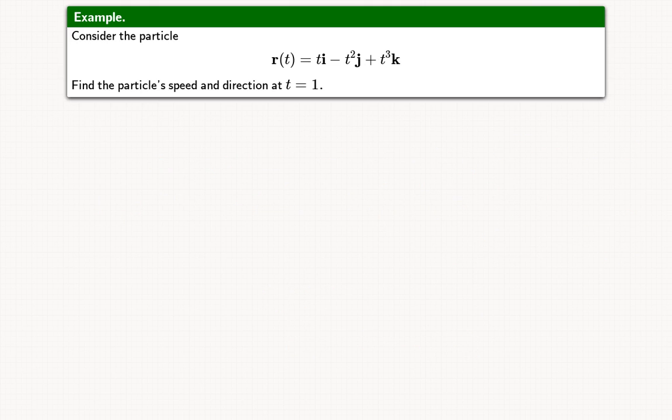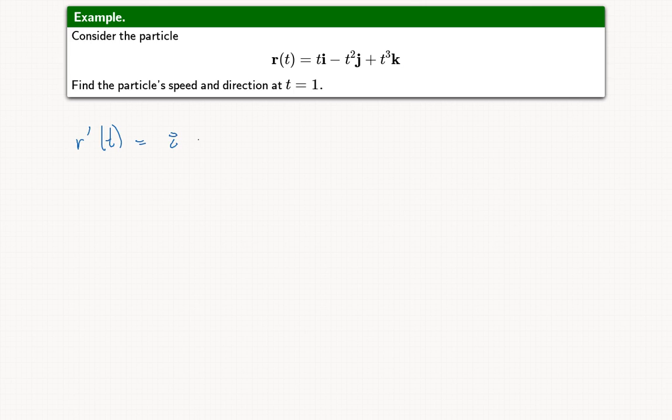Finally, let's say we're given a particle traveling according to t i minus t squared j plus t cubed k, and we're asked to find its speed and direction when t equals 1. So first we find the velocity of the particle, so that's just the derivative of this function.